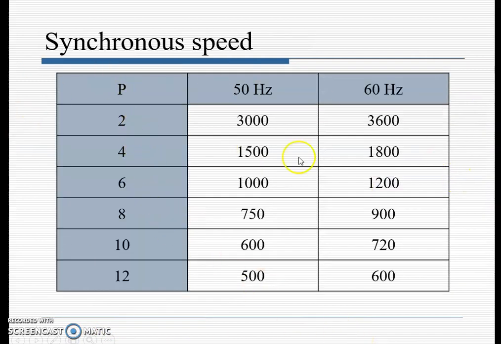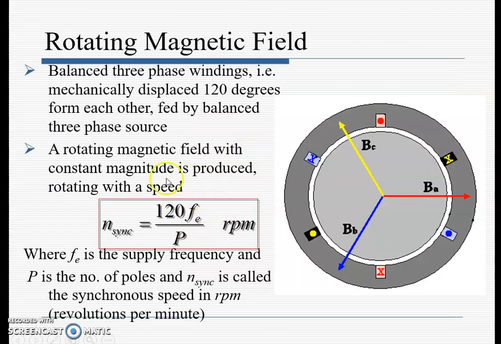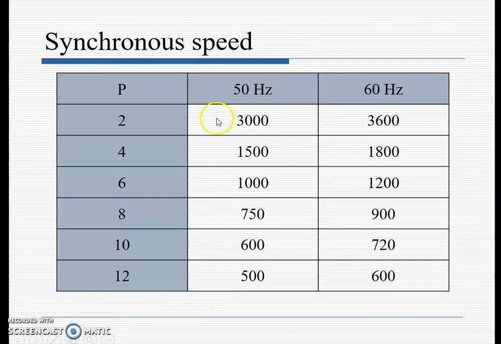This is the basic chart for the 50 Hertz frequency and for the 60 Hertz frequency. Let us suppose the number of poles is 2 and the frequency is 50 Hertz, then according to this formula we get a speed of 3000 RPM. And if the frequency is taken as 60 Hertz, we get a speed of 3600 RPM.